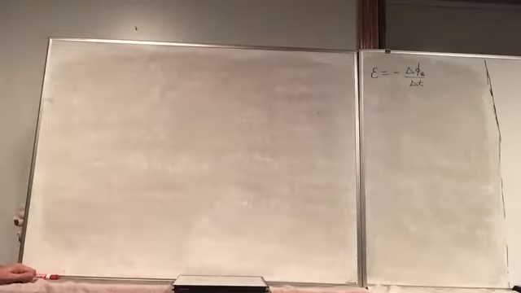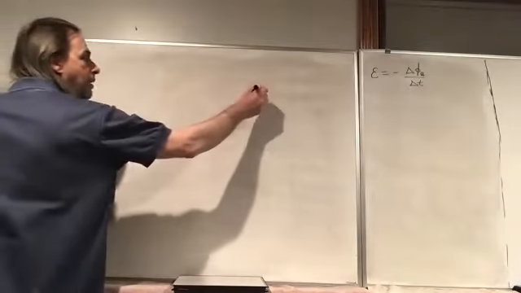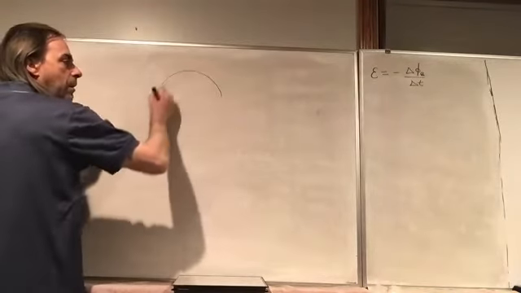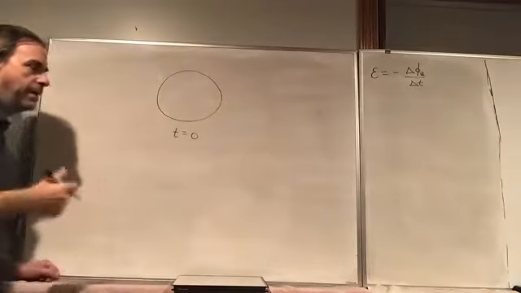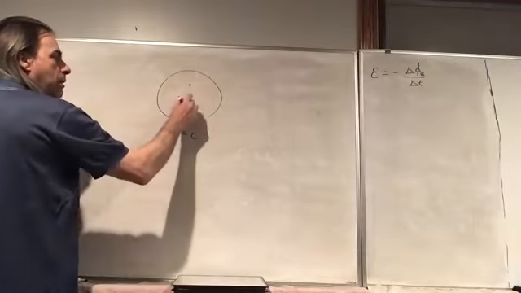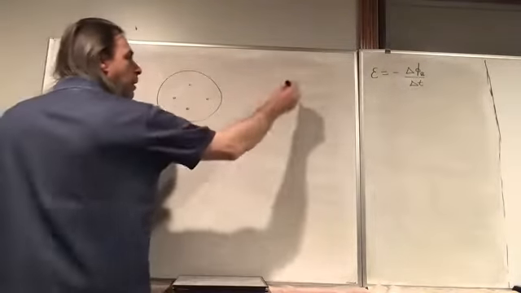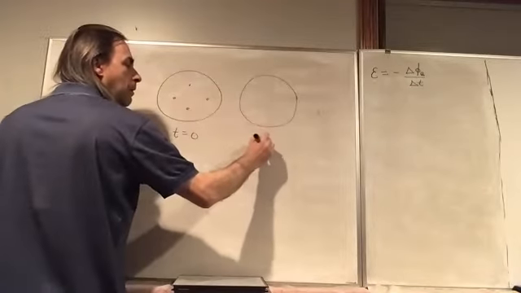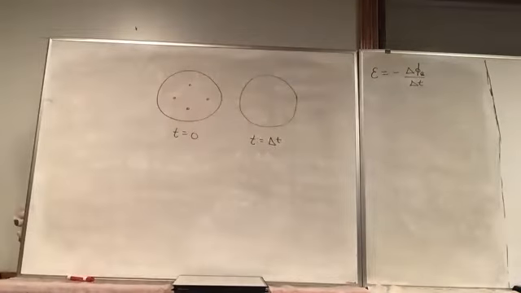But usually what we're using it for, we have, like say, a conducting loop. Let's actually do this. Say we have a conducting loop like this, and say there's a magnetic field coming out of the board. And then a short time later, say the magnetic field is 0.